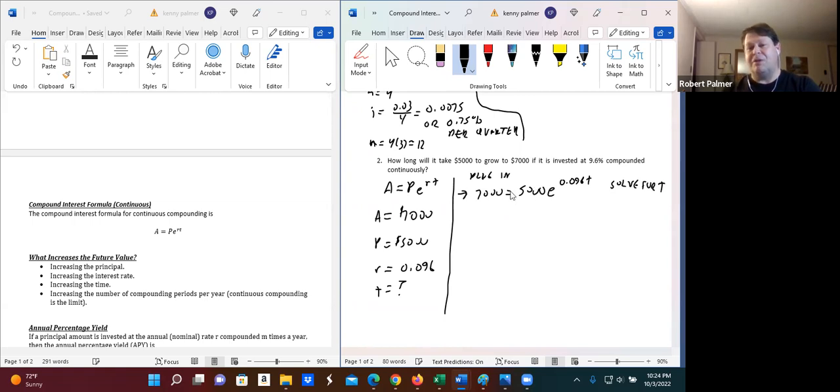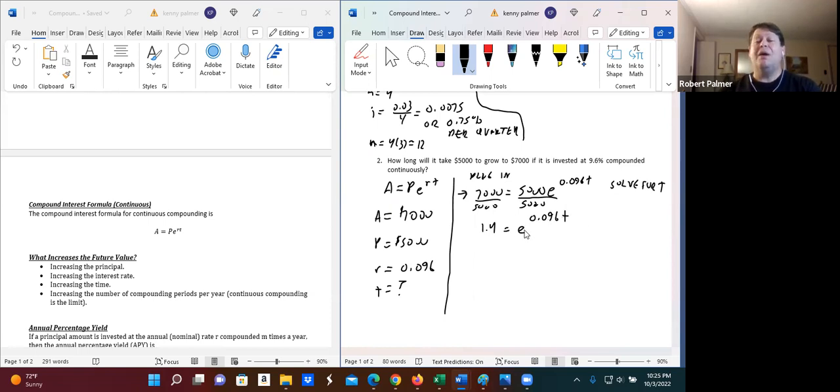Let's get everything else on the other side. Let's divide both sides by 5,000. If we do that, it's going to be 1.4. So we have 1.4 is equal to e to the 0.096t. Here we're solving for t, so you want to get t by itself.